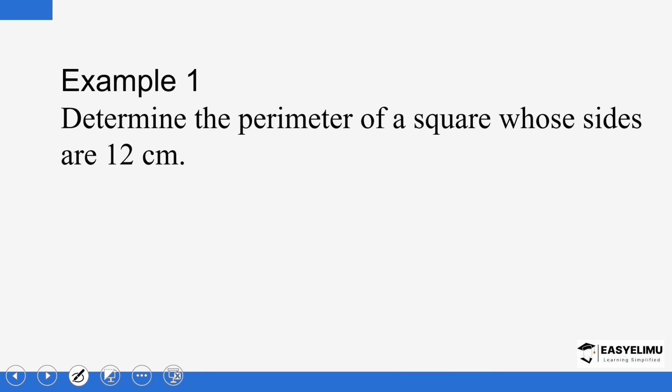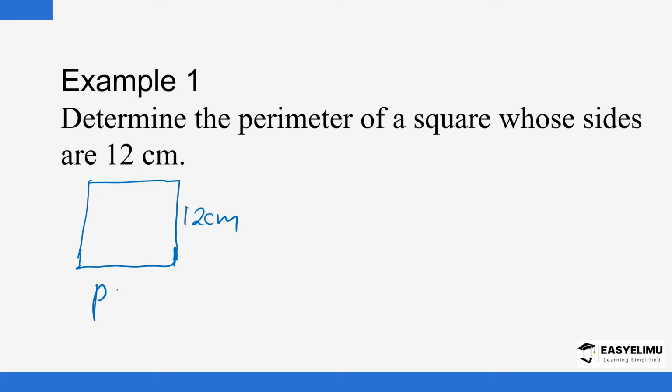So we have our first example here. Determine the perimeter of a square whose sides are 12 centimeters each. The best option is to have a rough sketch of what you are talking about. So this is 12 centimeters.